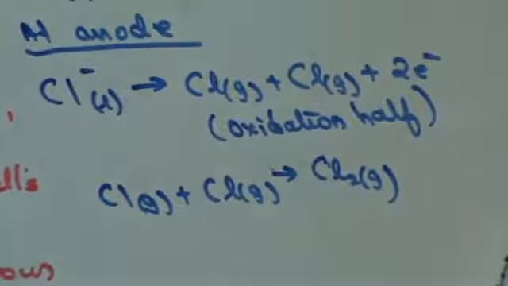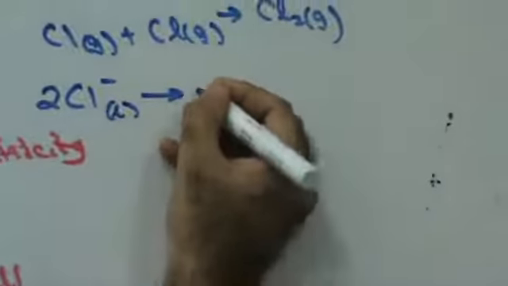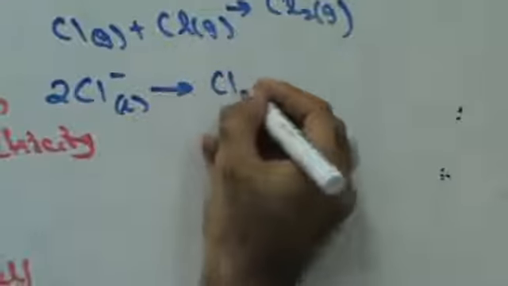Right? So thus at anode my overall reaction will be, I would have two chloride ions which are in liquid state that would give me chlorine molecule and 2 electrons. This will be my reaction at anode.